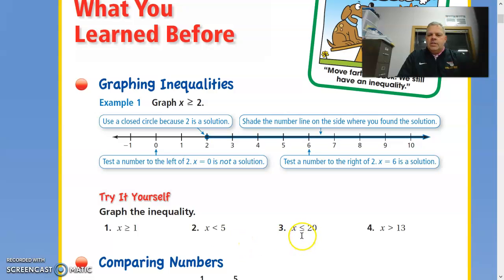On this one, since it does equal, we would come out here to 20, put a closed circle, and shade it to the left because this is less than. On the last one, x is greater than 13, we would have an open circle at 13 because 13 is not included in the solution, and anything bigger than that would work.